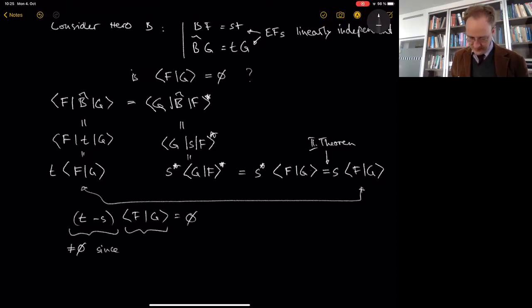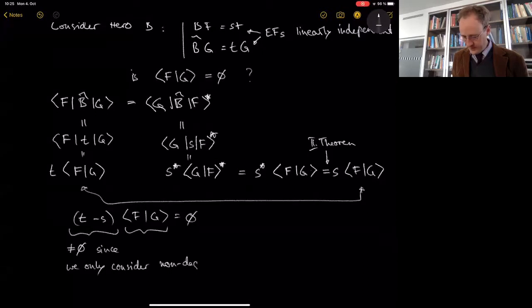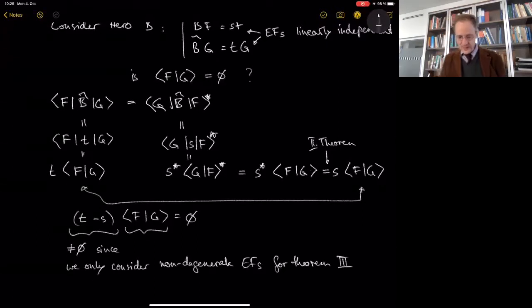Since we only consider non-degenerate eigenfunctions for theorem 2. And because of that, the inner product term must be equal to 0.